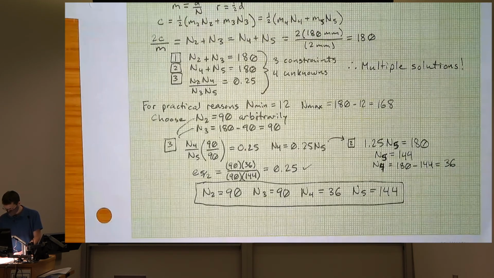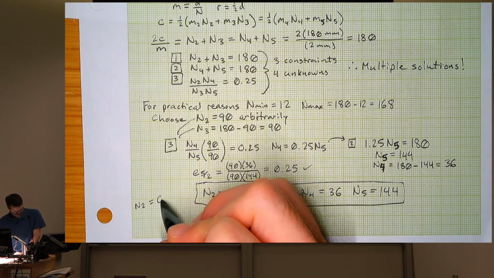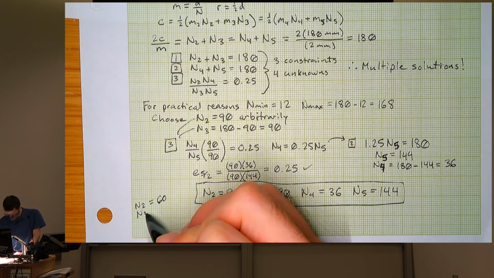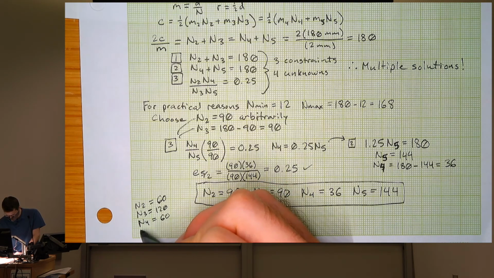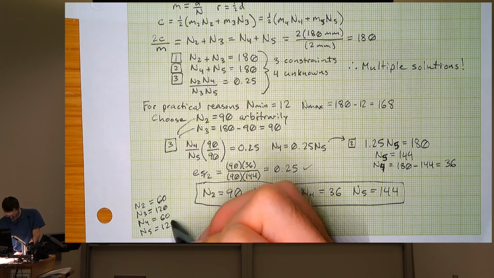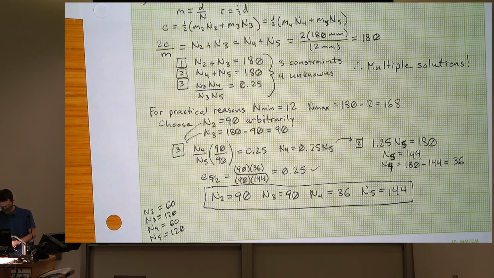Another solution that actually gives you exact numbers would be like n2 is equal to 60, n3 is equal to 120, n4 is equal to 60, n5 is equal to 120. So there's other exact solutions as well that you can find. So that's how you do the problem manually.